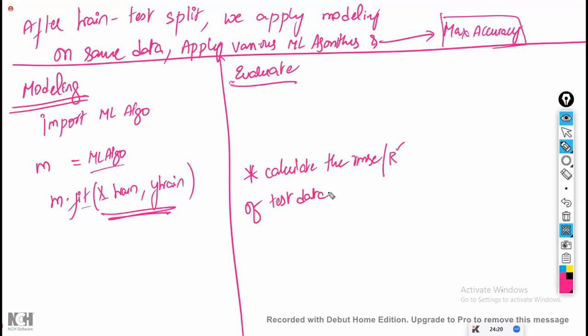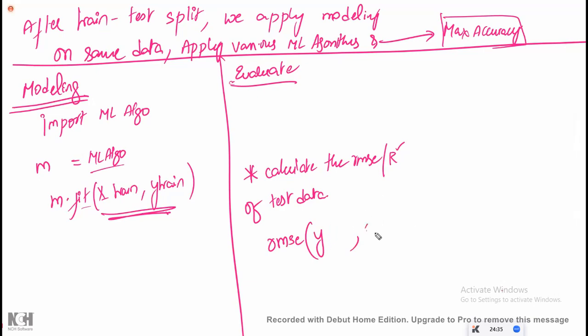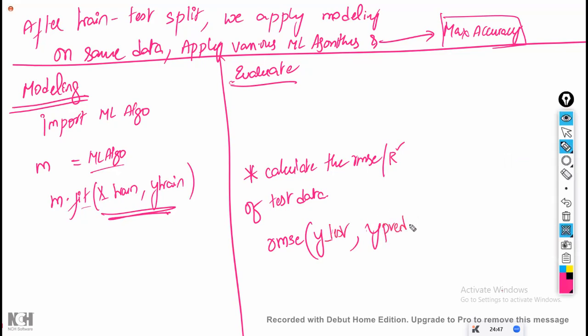How to calculate RMSE? RMSE between the original Y of the test data and the predicted Y, that is Y hat. That is nothing but between Y test versus Y pred test.